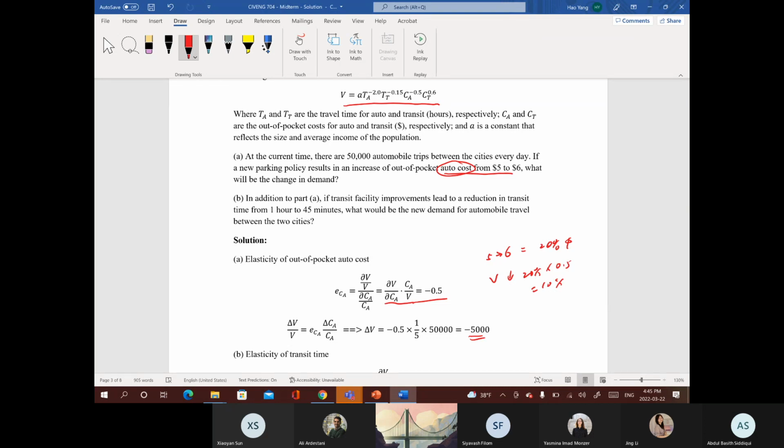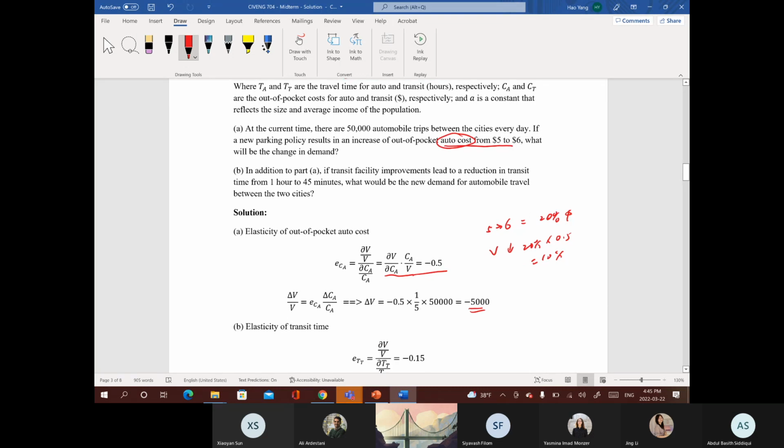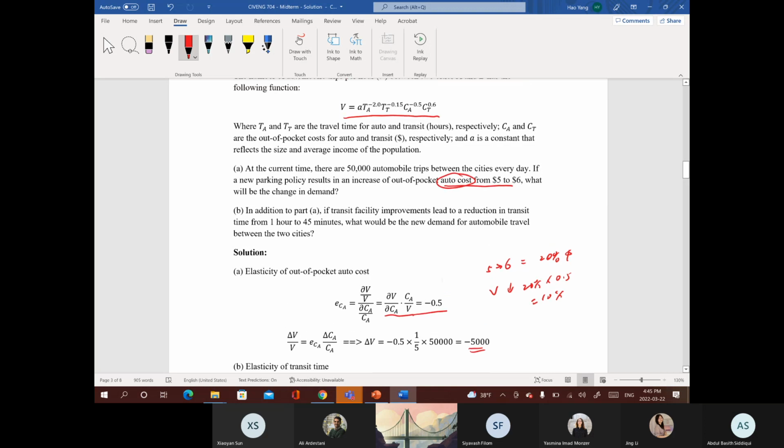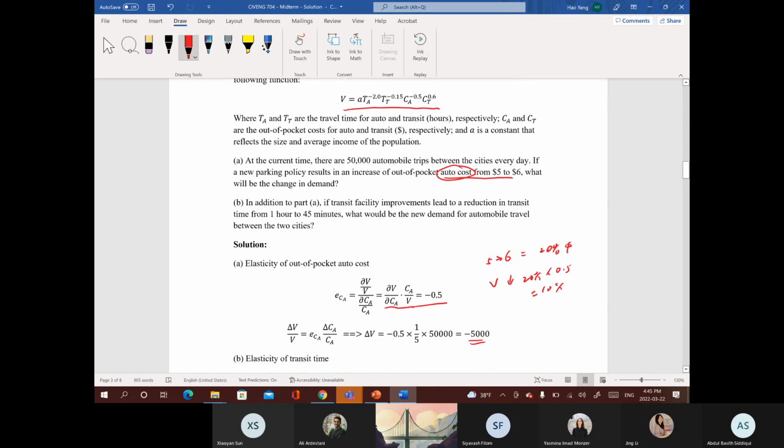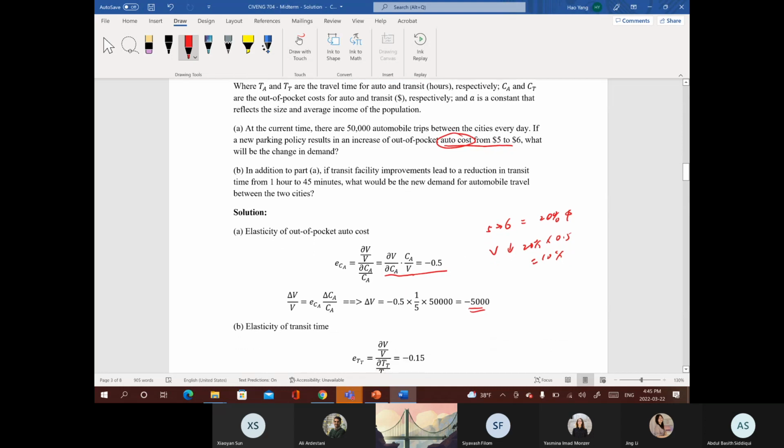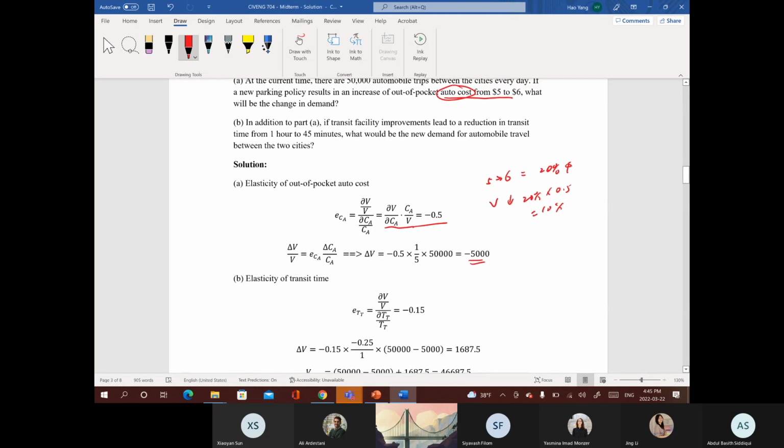that is 5,000. And similarly for the transit, they say the transit time is reduced from 1 hour, which is 60 minutes, to 45 minutes.